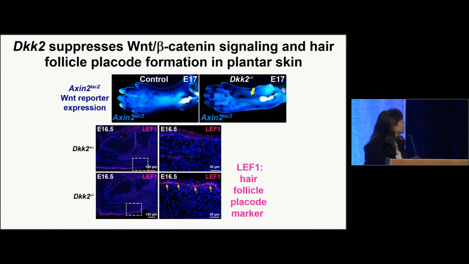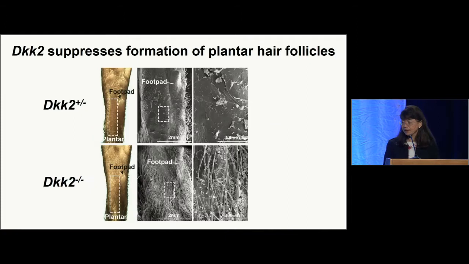And this leads to ectopic formation of hair follicle placodes that express LEF1. And ultimately, these placodes give rise to fully functional hair, as we can see in this light and scanning EM pictures of the plantar region of a DKK2 null mouse compared to a heterozygous control.